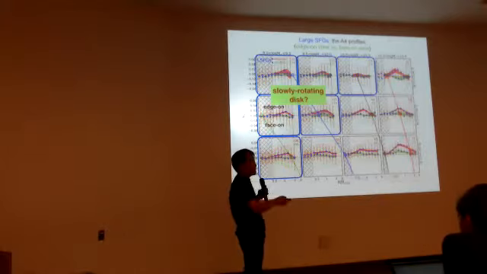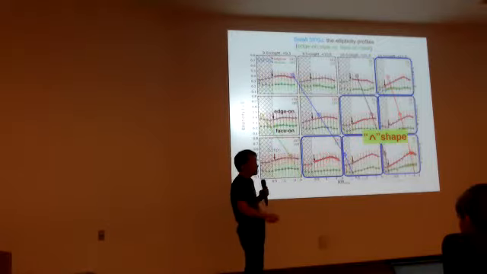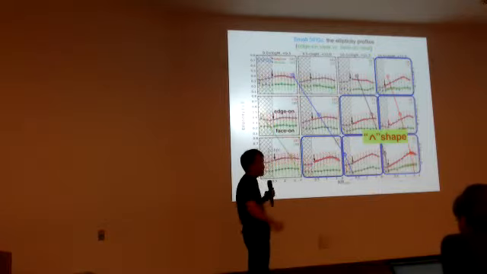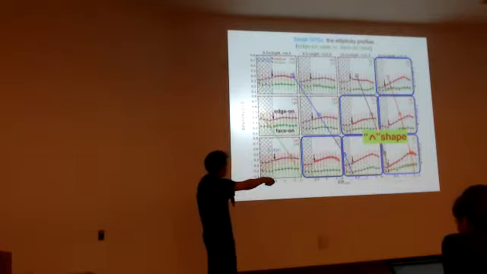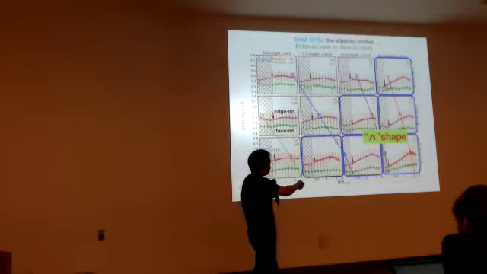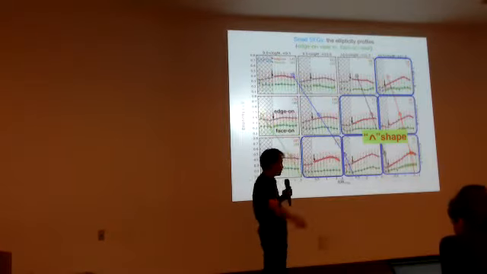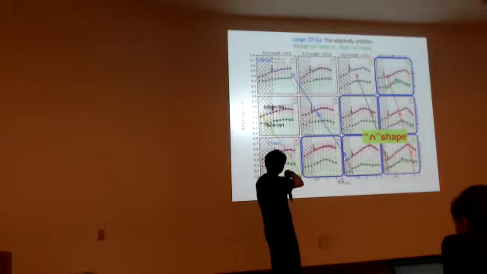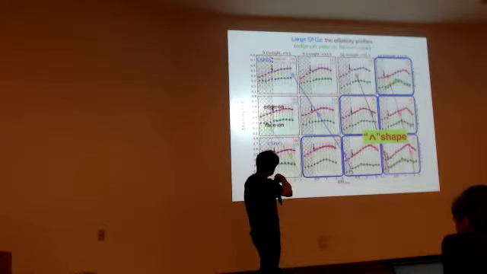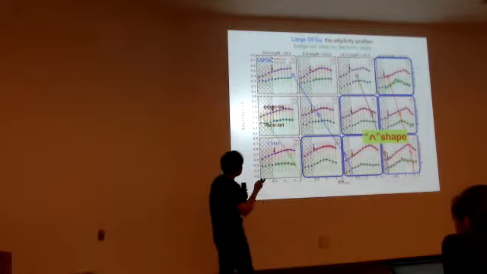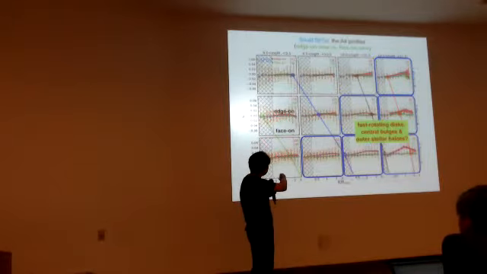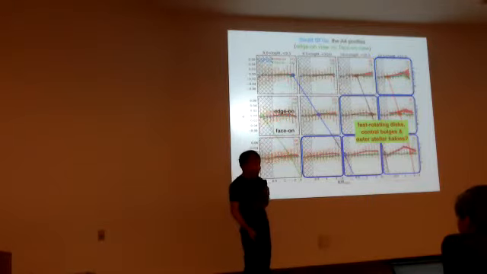So let's see the galaxies at relatively high mass and lower redshifts. You can see the arc shape emerges and becomes prevalent in ellipticity profiles for both small and large size galaxies, and also in A4 profiles.